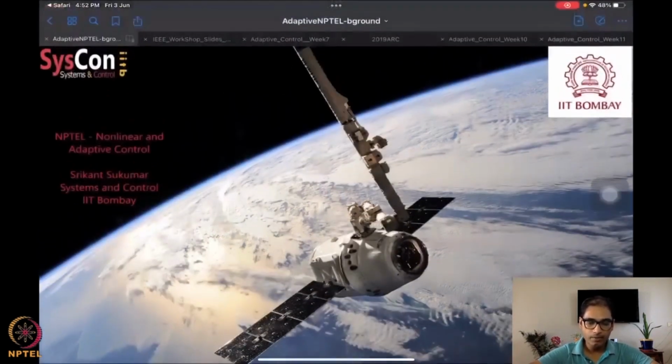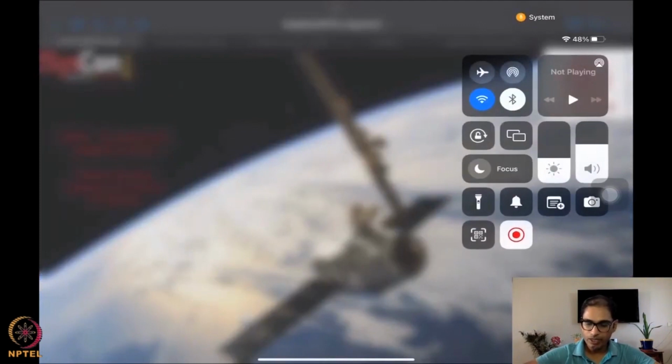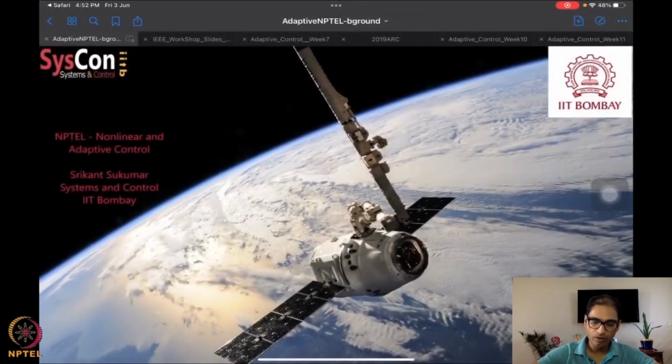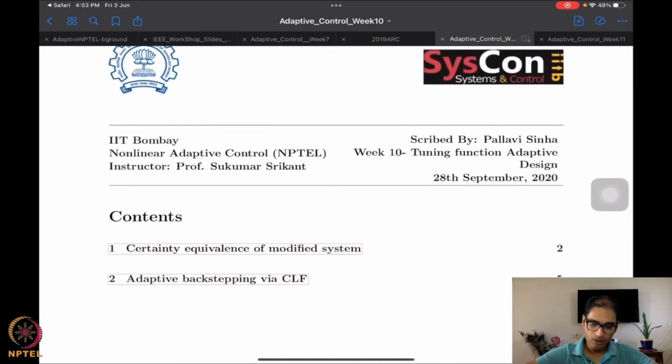Until last time, we were already well on the way to learning how to design algorithms that will drive systems such as the SpaceX satellite. What we were doing specifically is to learn the tuning function method for adaptive control design.